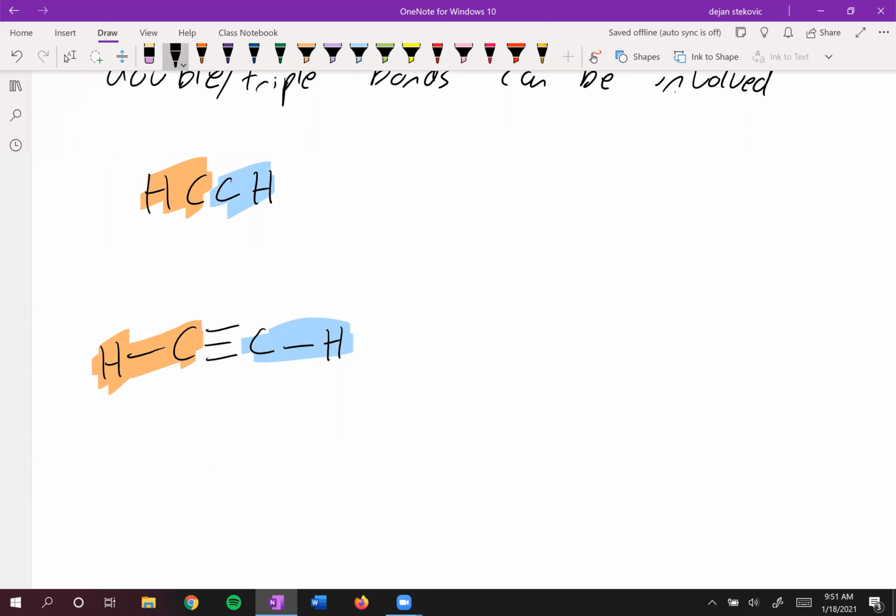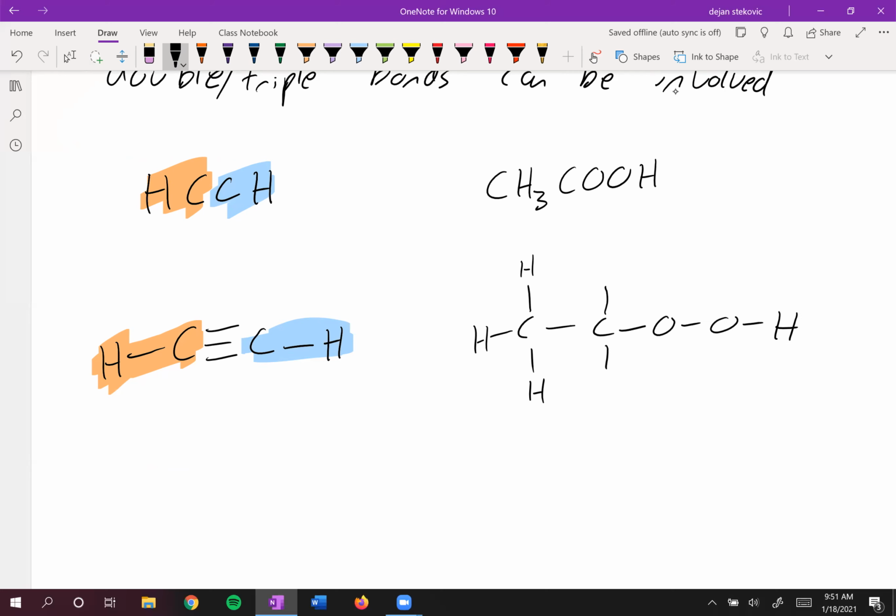You'll see other motifs as well. So for example, CH3COOH. So we start off with a carbon, right? It tells us that it has 3 H's. It's going to have another bond to a carbon, which can have up to 4 bonds. And so if you look at this formula, you might think that it goes oxygen, oxygen, hydrogen, but then you're going to have problems with these single bonds.